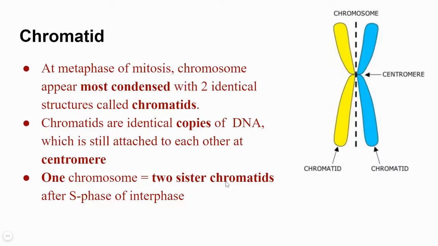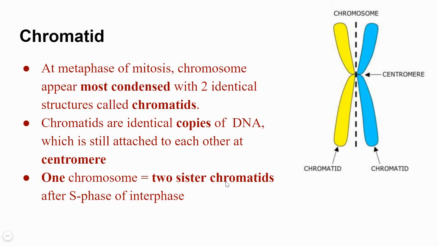So here is some key information about chromatids. Metaphase is the second stage of mitosis. When you study mitosis, you will know that mitosis has 4 different phases, and at metaphase, the chromosomes appear like this, in the shape of an X. This is the most tightly packed stage of our chromosomes.